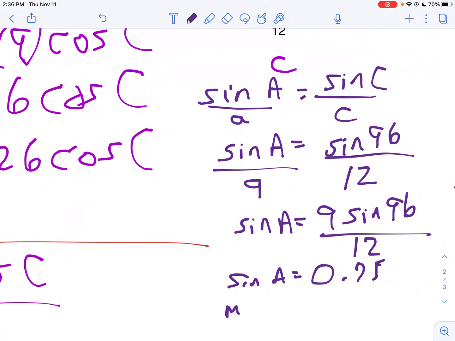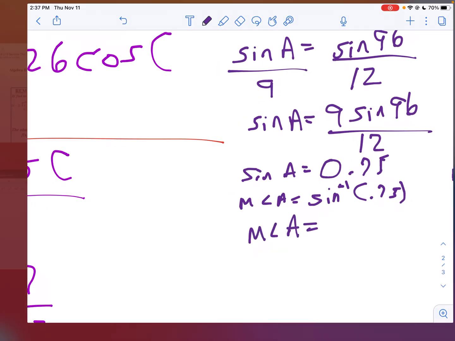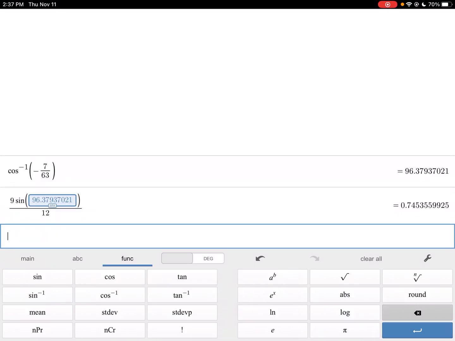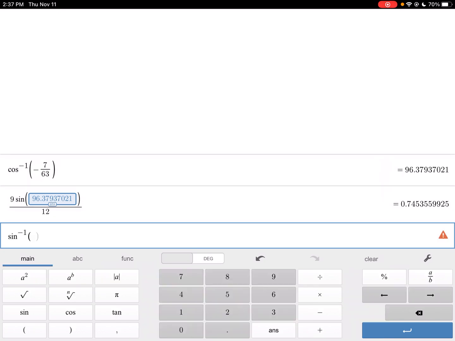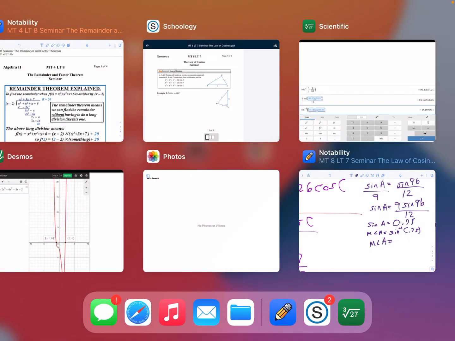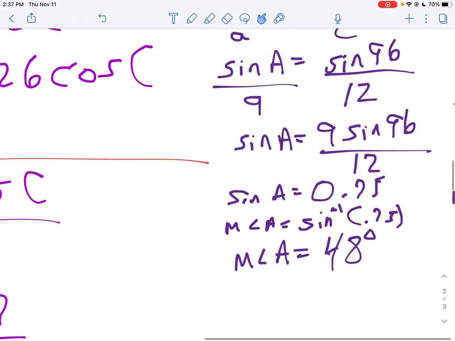So then the measure of angle A, because we're looking for the angle, is the inverse sine of 0.75. So then the measure of angle A, if I round it to the nearest degree, we take the inverse sine of my answer. There we have it. And so I get about 48 degrees. So angle A, we're going to say, is about 48 degrees.